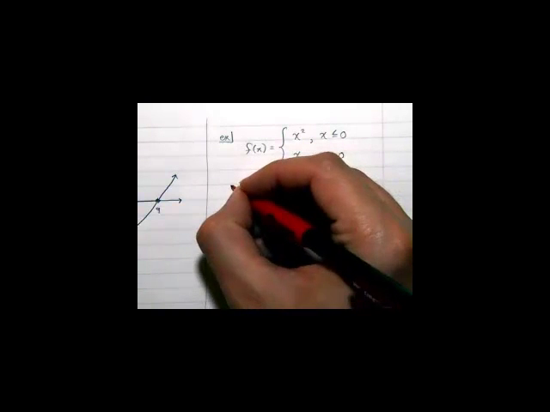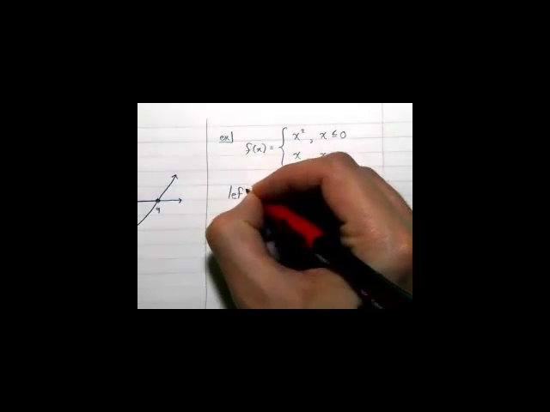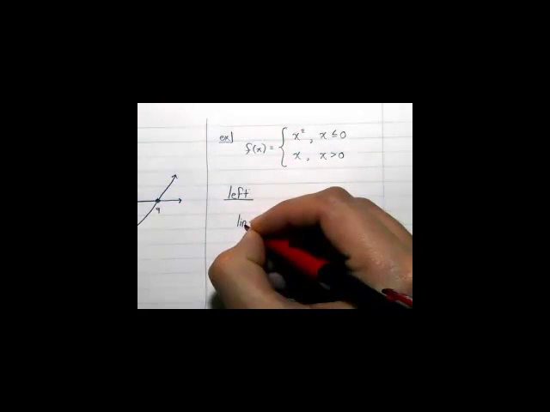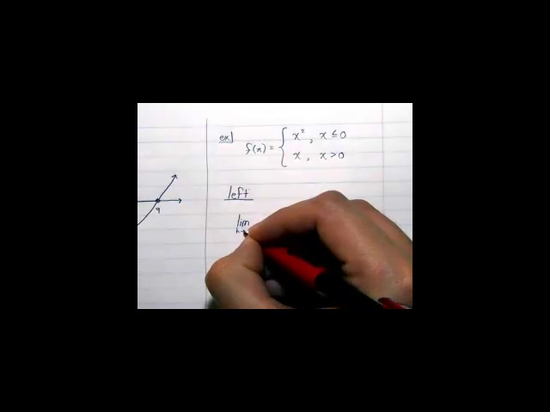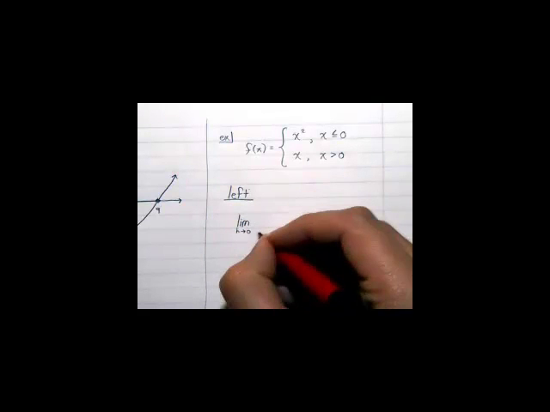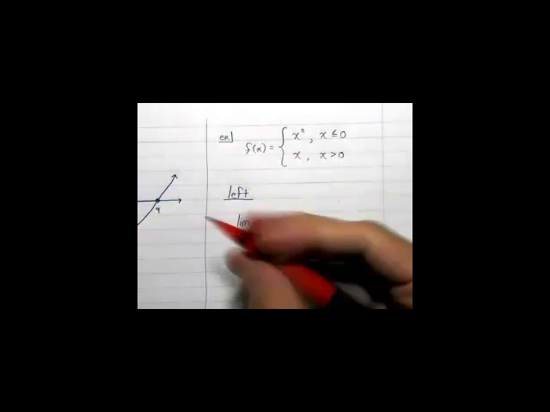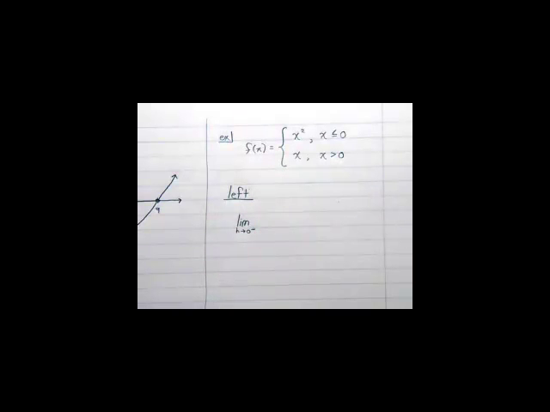So to do the left-handed derivative, we're going to do the limit as h goes to 0 from the left, so that'd be a little minus, not a plus. Okay. So remember when we did the left and right-handed limits, we had to put the little plus or the little minus.